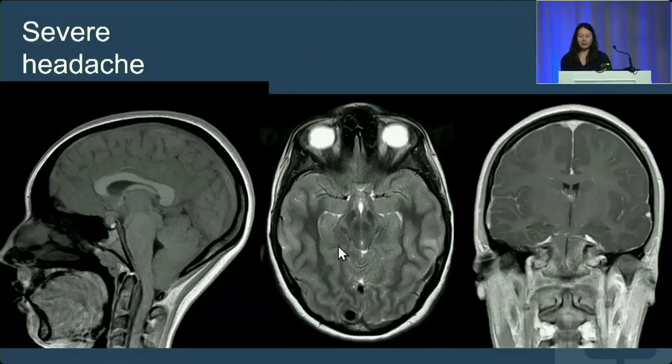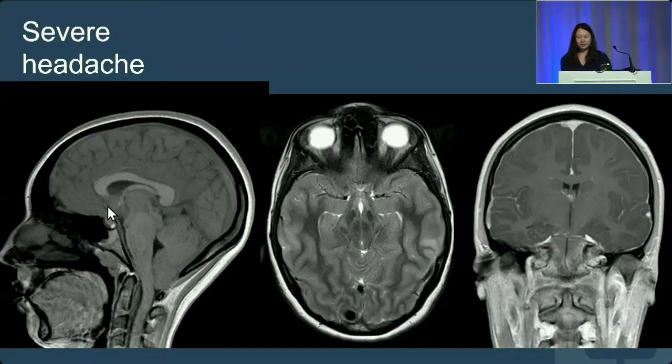All right, we're getting close to the end of these. So this patient has severe headache, and this is pretty striking. You see their cerebellar tonsils are very far below the foramen magnum, and they have slumping of their midbrain. You can't really see the distinction of their midbrain.